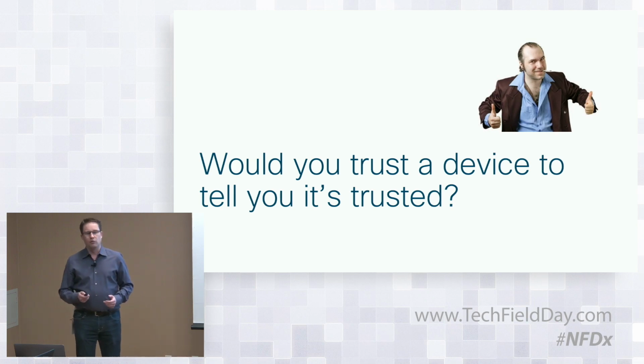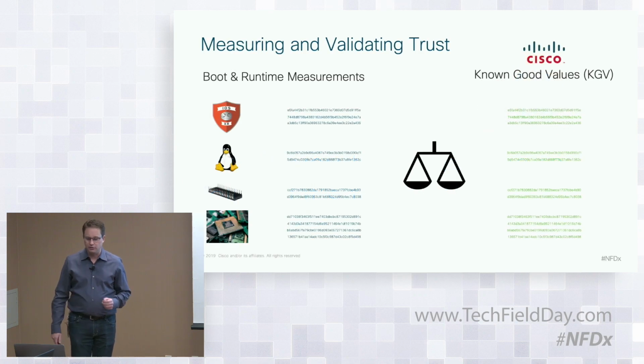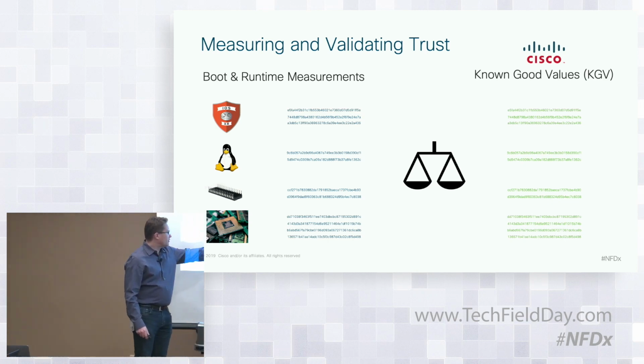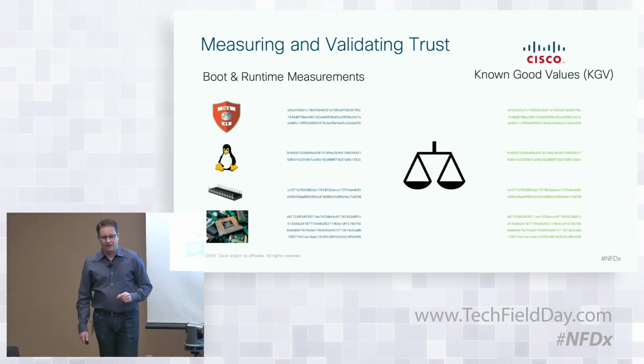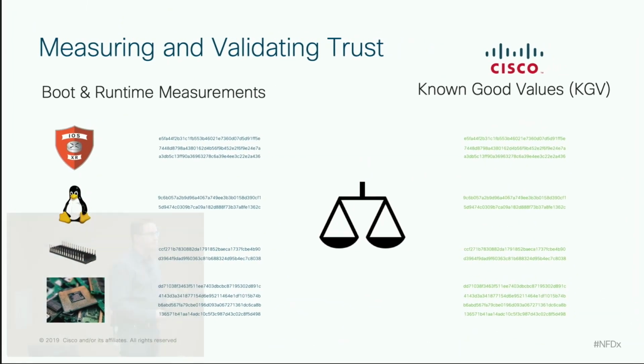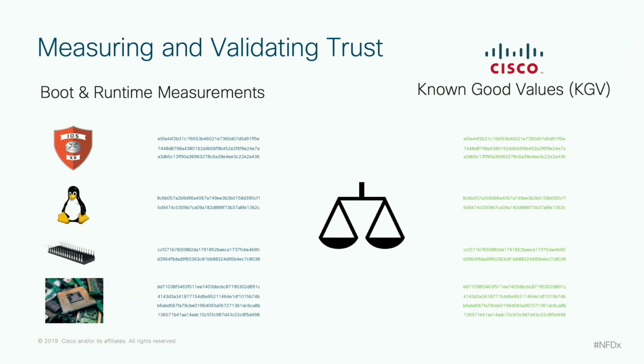So it's actually important when you start thinking about establishing and maintaining trust, there's an element of measurement and actual reporting that you have to do to establish this. There's a way to do this. This is an eye chart. If you can pull out any of these SHA-1 sums, you're better than I am. But ultimately, this is what you do. You can start to measure the system, and you can compare what you've measured, whether it's things running at runtime, whether it's things running in a kernel, whether it's things like firmware images or even hardware signatures.